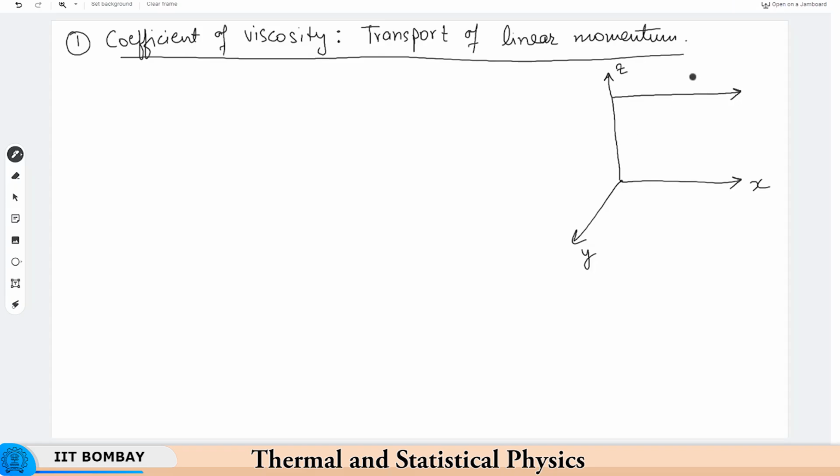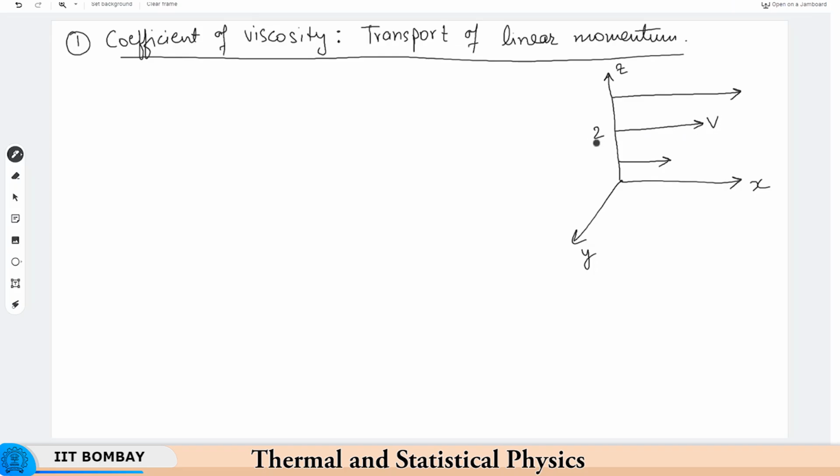At any given moment, say there are 3 planes, and there is a velocity gradient. What do I mean by that? All the gas molecules in this plane on average are moving with a certain velocity v.